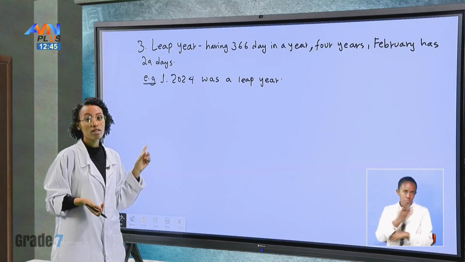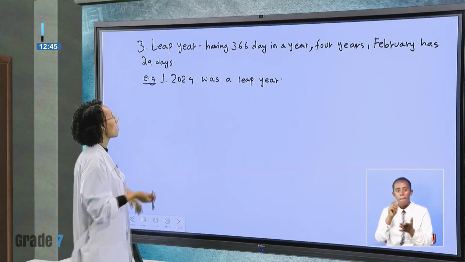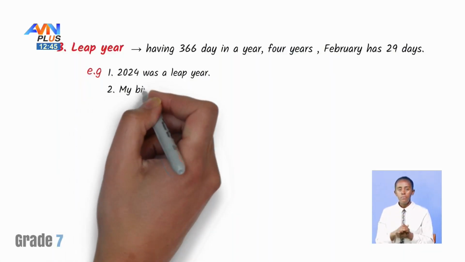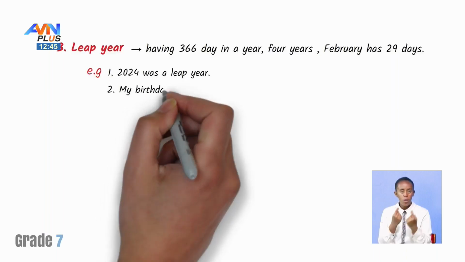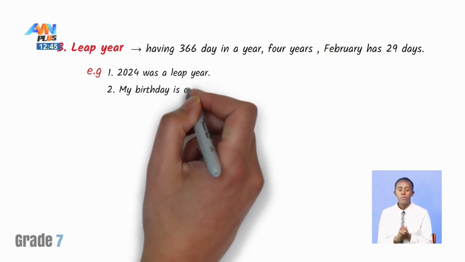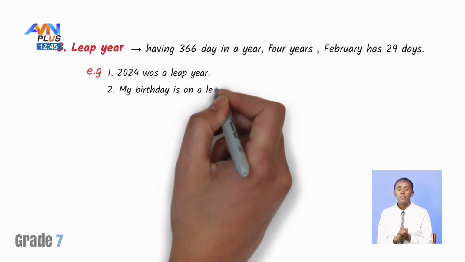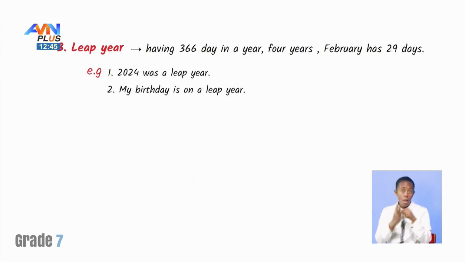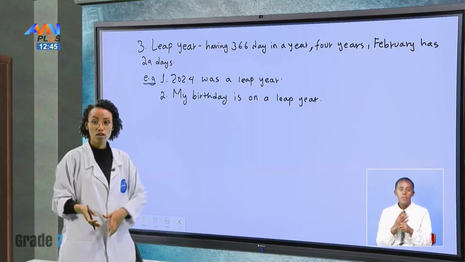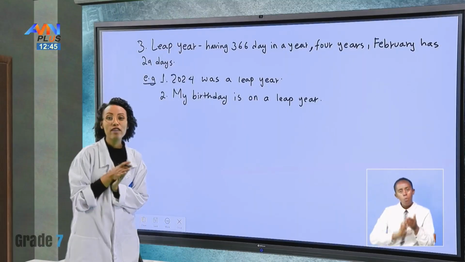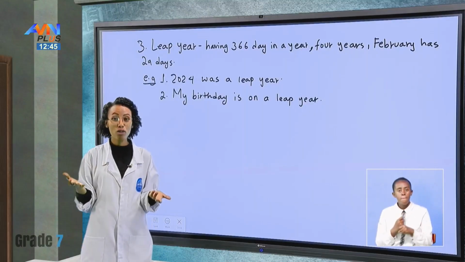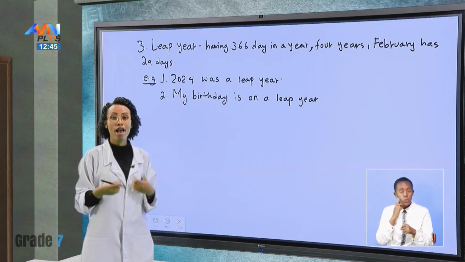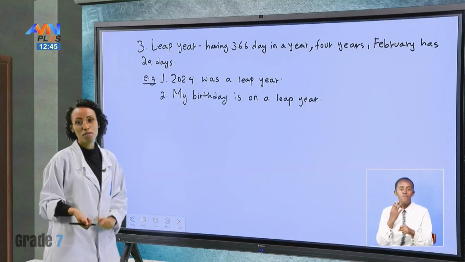And that is what leap year is about. Another example. My birthday is on a leap year. So a person who's born on a leap year would only celebrate their birthday every 4 years, because the leap year comes what? Every 4 years. That is what leap year is about.